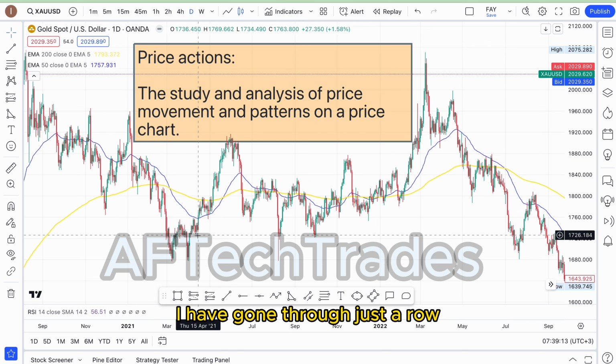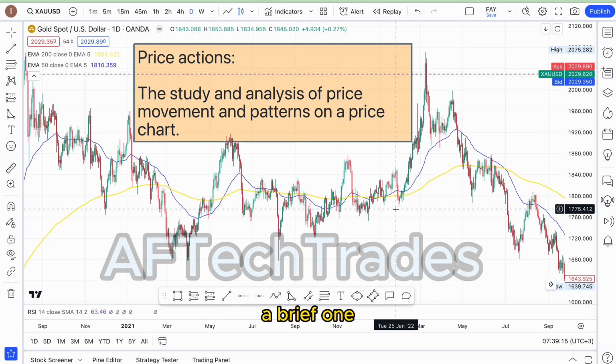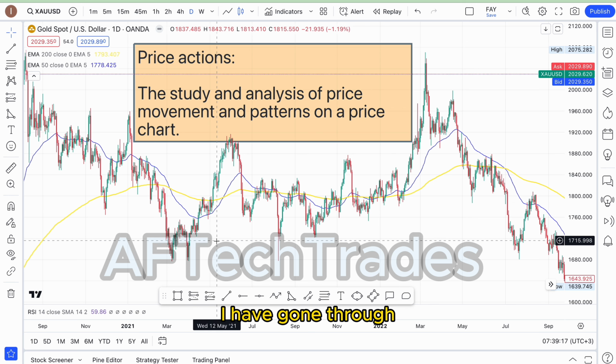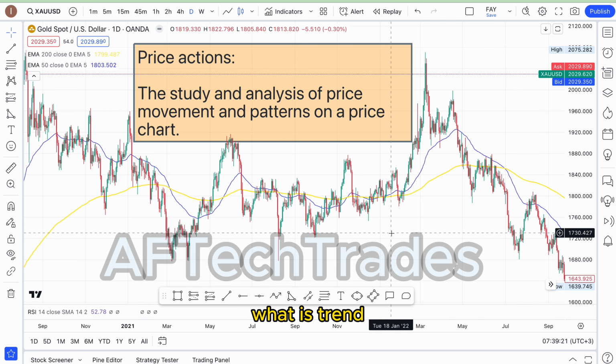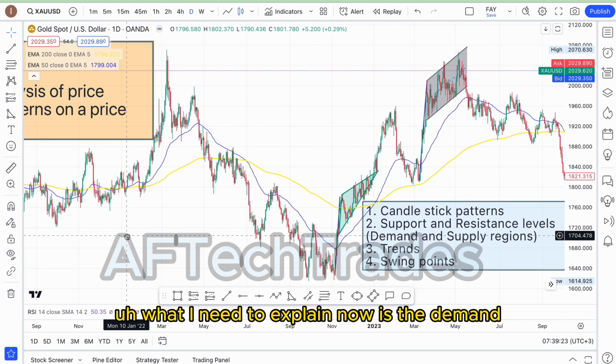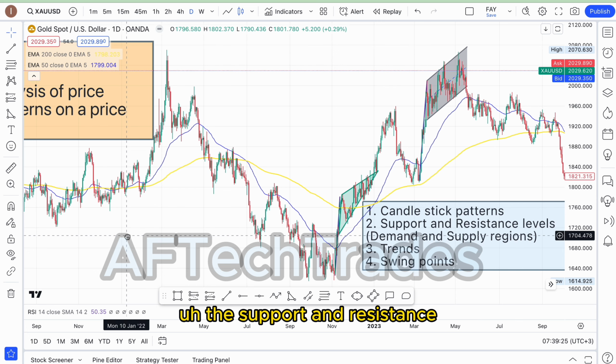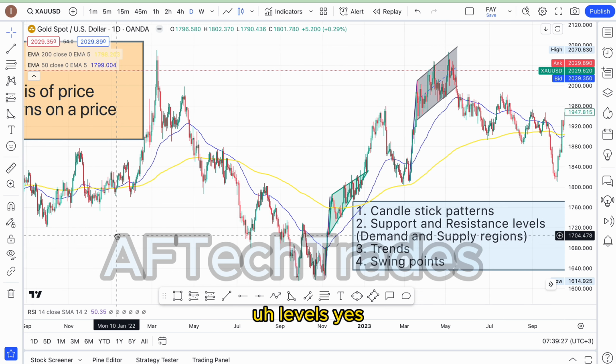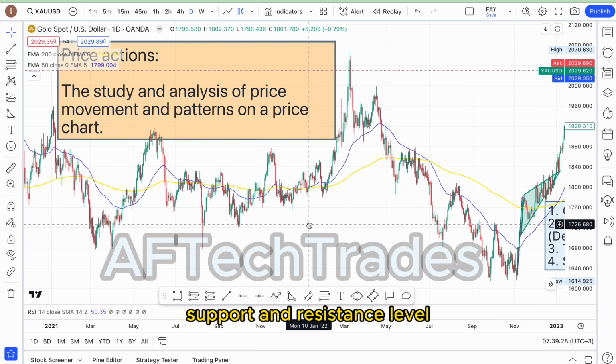I have gone through, briefly, identifying what chart patterns are and what trend is. What I need to explain now is the demand, the support and resistance levels. I did not go into details of that yet.